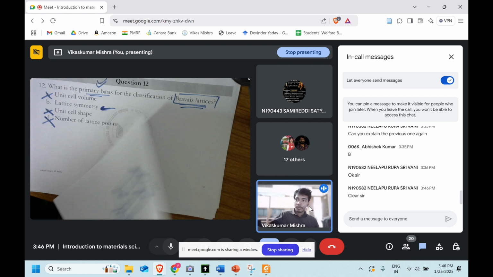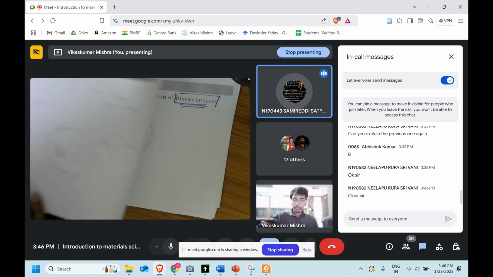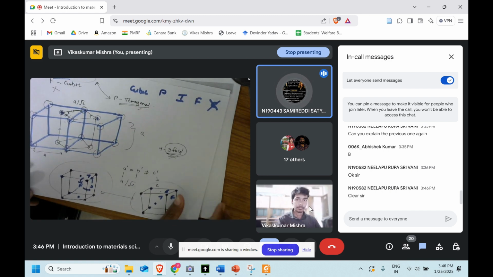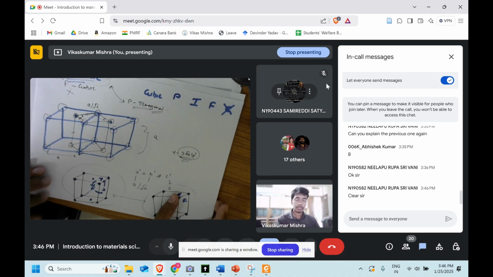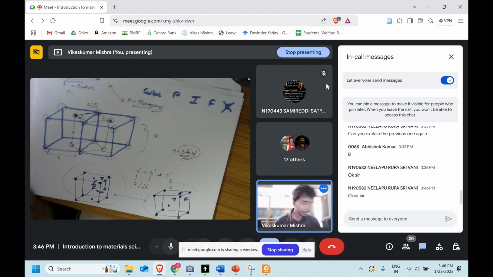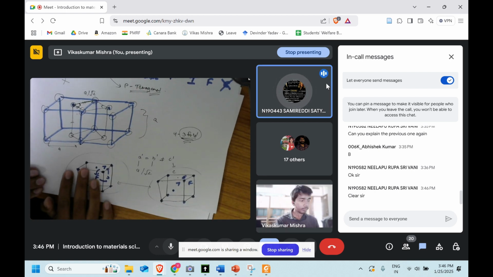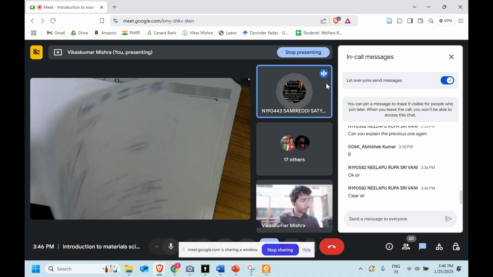So now let's move ahead. Sorry, it has fourfold symmetry on the c axis. What about the other two axes, A and B? It can be twofold symmetry, right? Yes, about the c axis the tetragonal lattice has the fourfold symmetry.